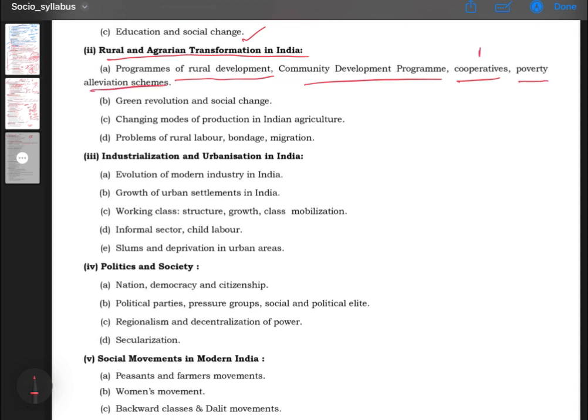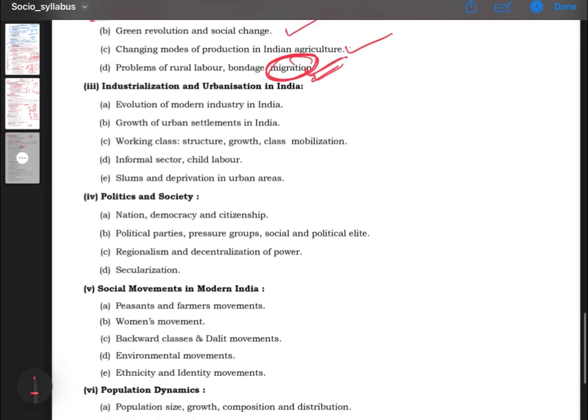Again, something related to modern India economy, and we can do value additions from there. Green revolution and social change, changing modes of production in Indian agriculture, problems of rural labor, bondage, migration, which is seen as a very big problem in today's society. In that context, we will be studying this.